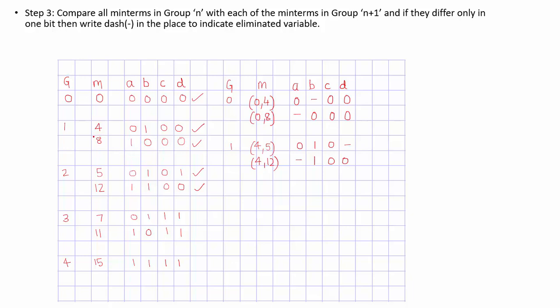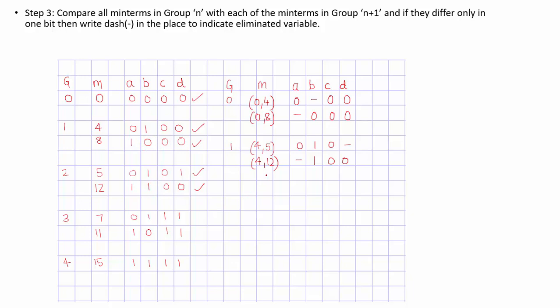So next I have to compare minterm 8 with minterm 12. ACD is 1, 0, 0 in minterm 8 as well as in minterm 12. Only B is getting changed from 0 to 1.